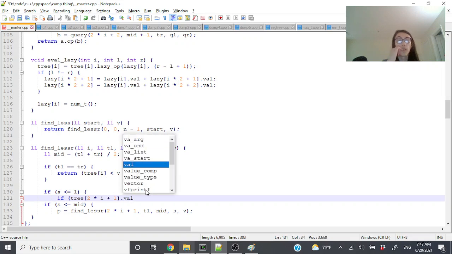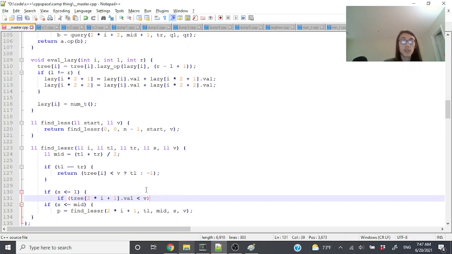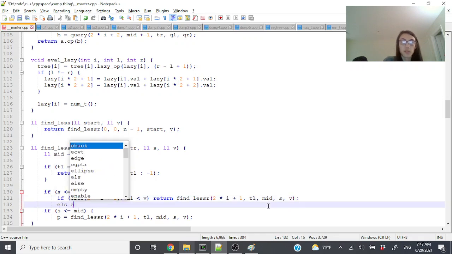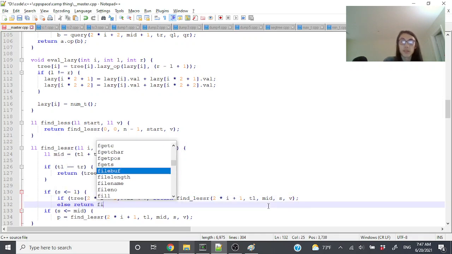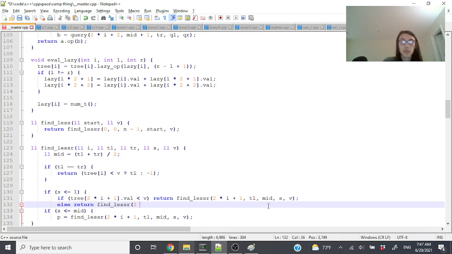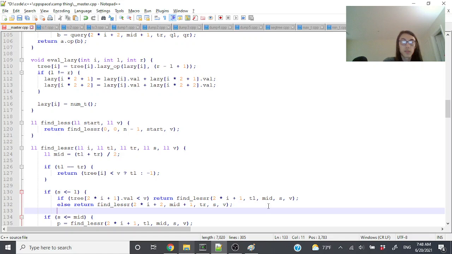Dot val is less than v, return find_less_r, go down this way, else go right. Mid plus 1, tr, s, v.